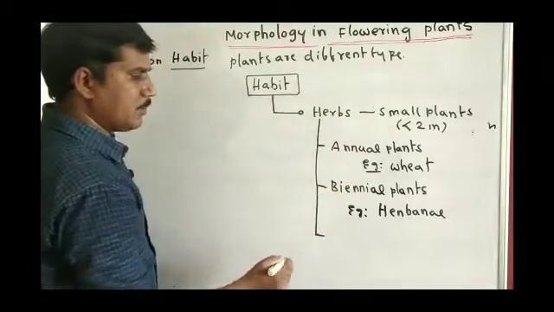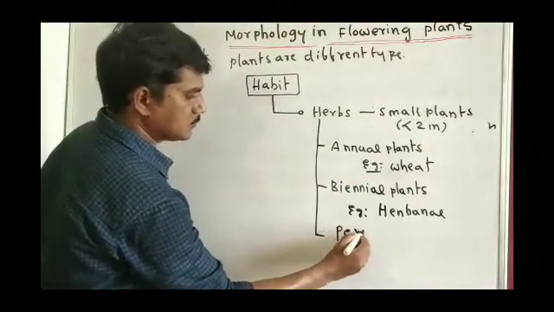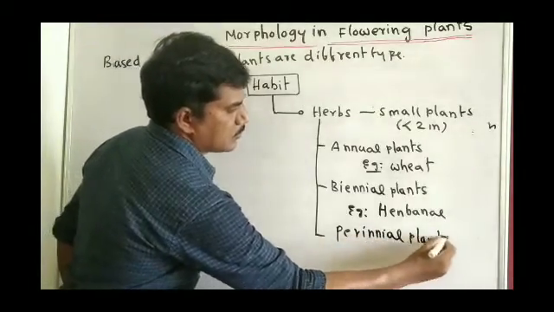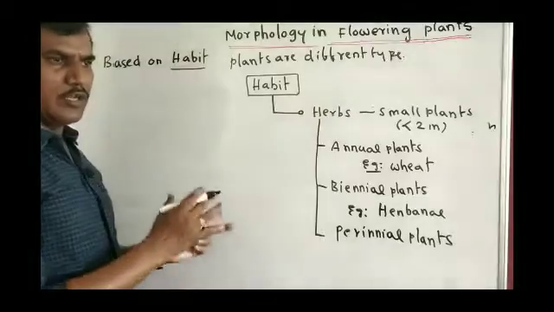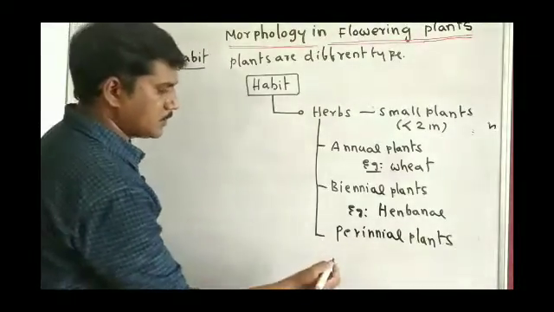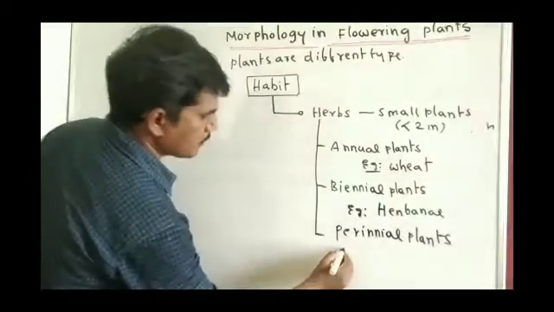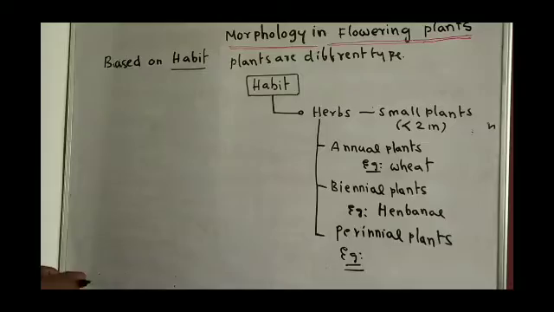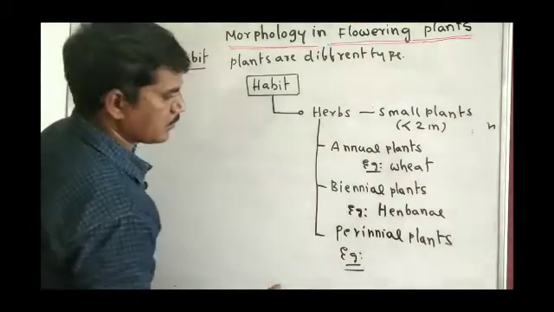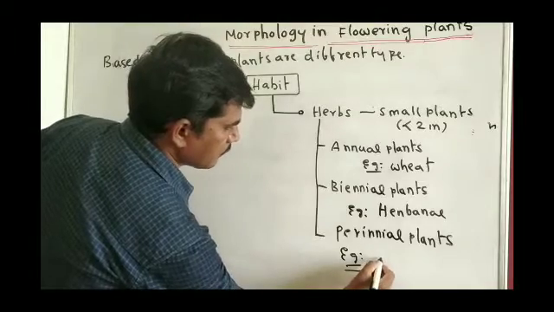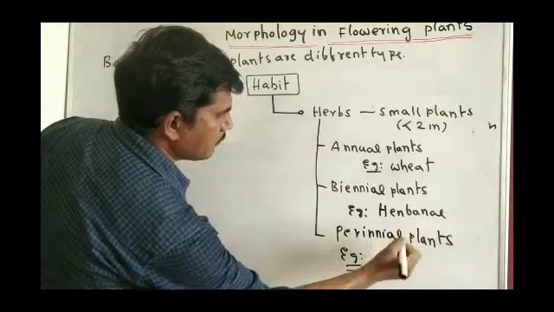The next one is perennial plants. The plant growing from a few years to thousands of years. Example for perennial plants, henna binaya.